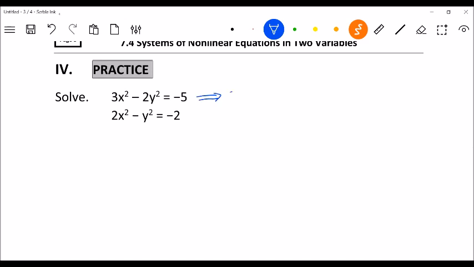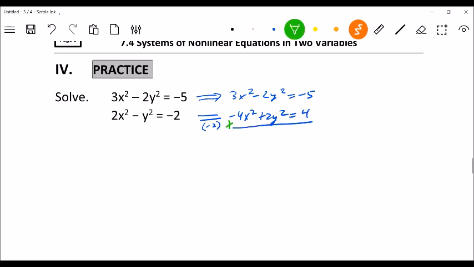I'm going to keep this one as 3x squared minus 2y squared equals -5. This one, I'm going to multiply everything there by a -2. So I get -4x squared plus 2y squared is equal to 4. And now we can add these.